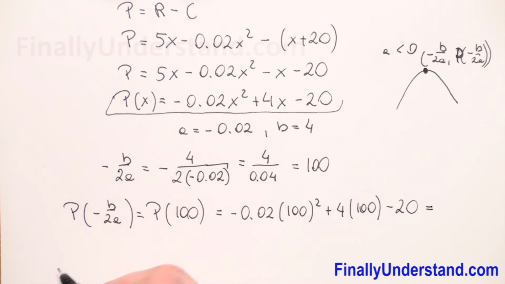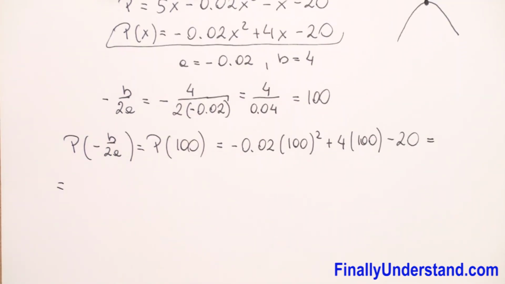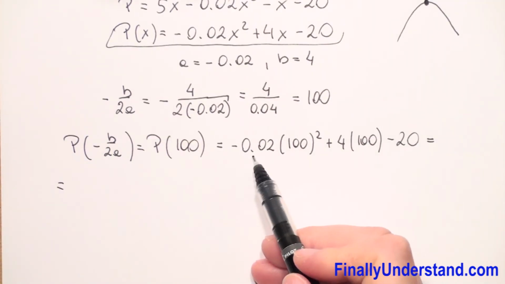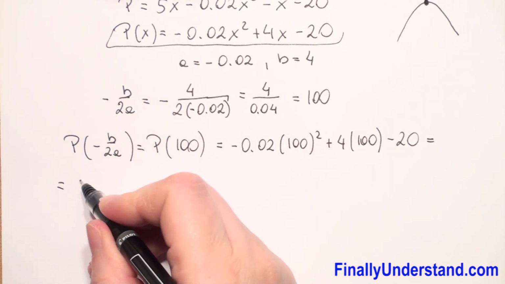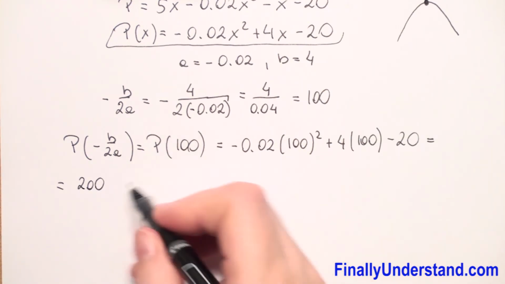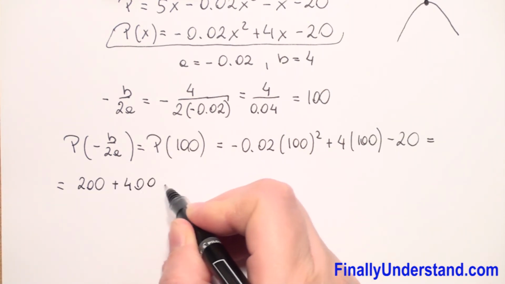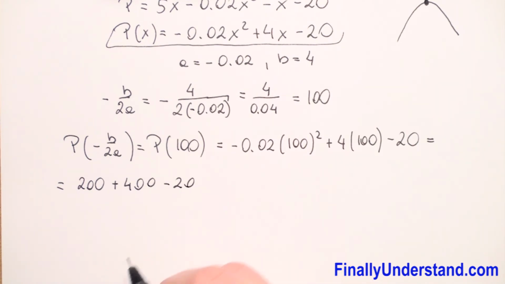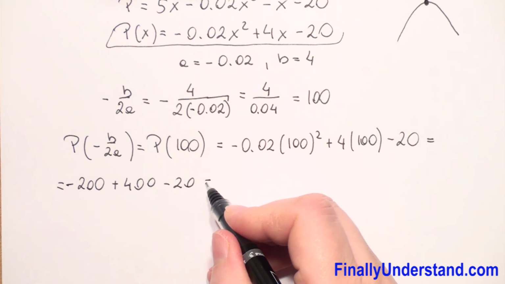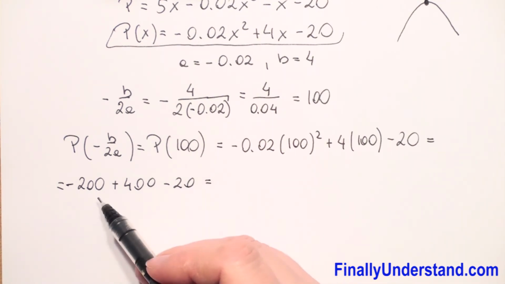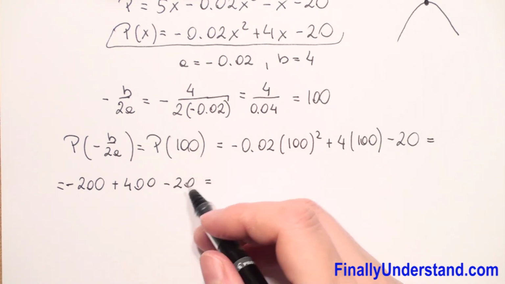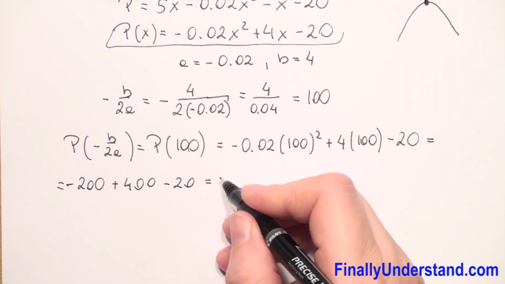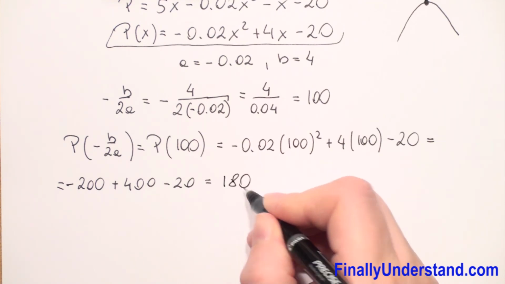So this is equal, negative 0.02 times 100 to the second power gives negative 200, plus 400 minus 20. Of course, negative 200, I forgot about the negative sign. So this is equal, we have negative 200 plus 400, so it will be 200 minus 20, so this is equal 180.